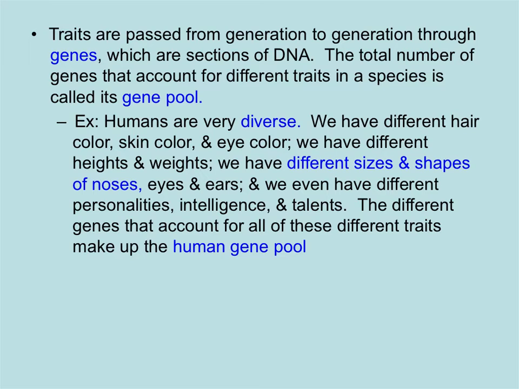Just a refresher: traits are passed on from one generation to the next through genes. Your genes are little tiny sections of the DNA. The total number of genes that account for every different trait in one species is called the gene pool.